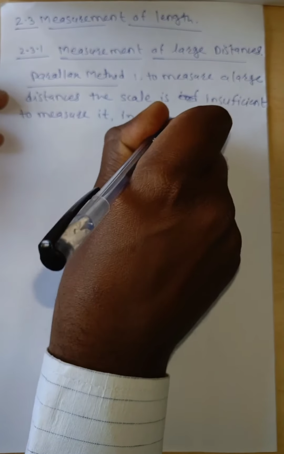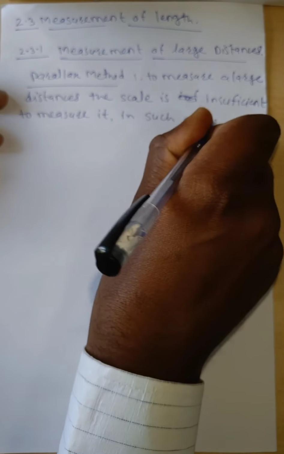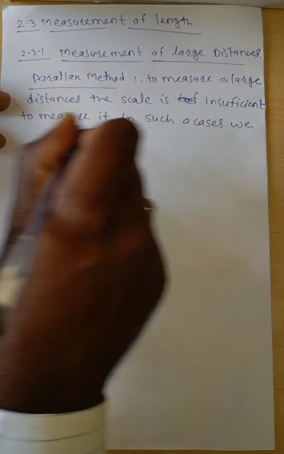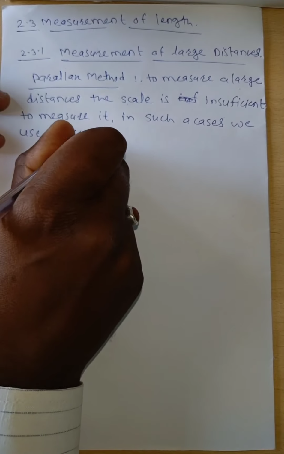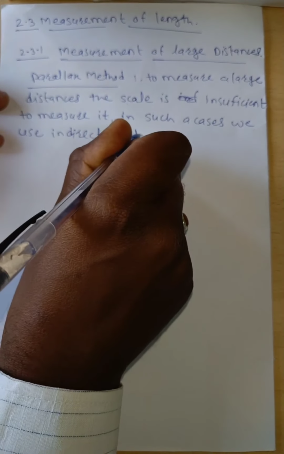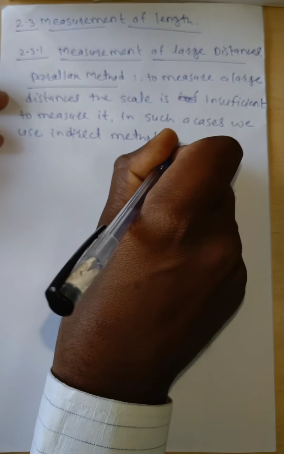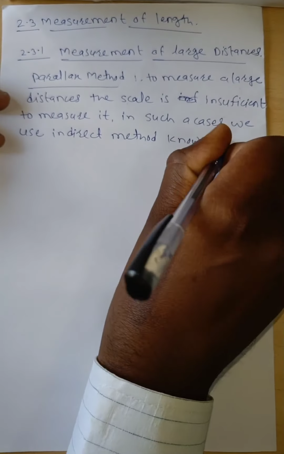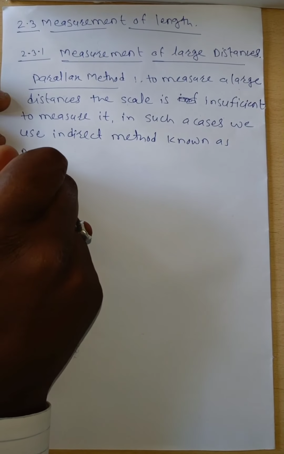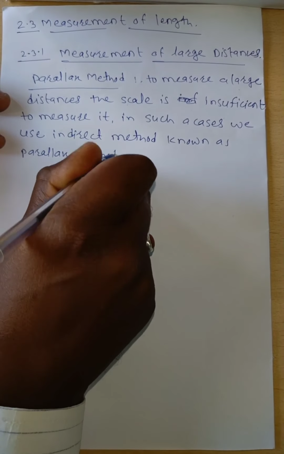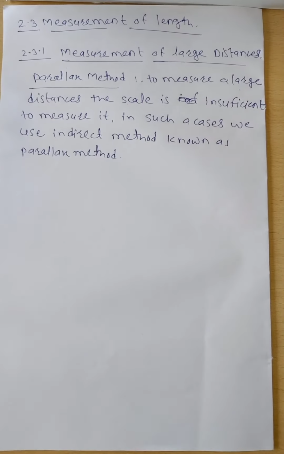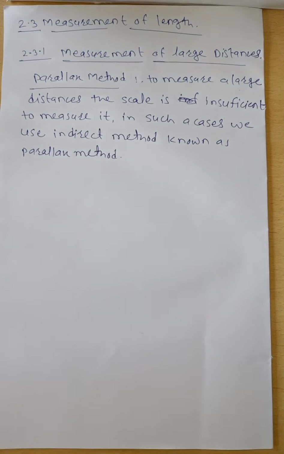In such cases, we use an indirect method known as the parallax method. Sometimes we can't measure directly with the help of a scale.